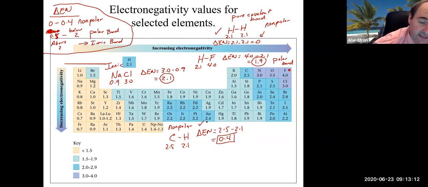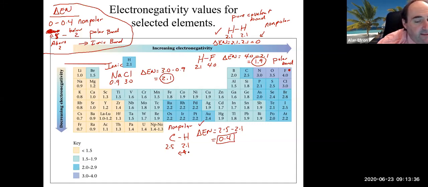In the case of CH, the electrons are just slightly heading towards the carbon side, the carbon being more electronegative in this case, but it's not to an extent where we get that separation of charge, the partially positive side and partially negative side.